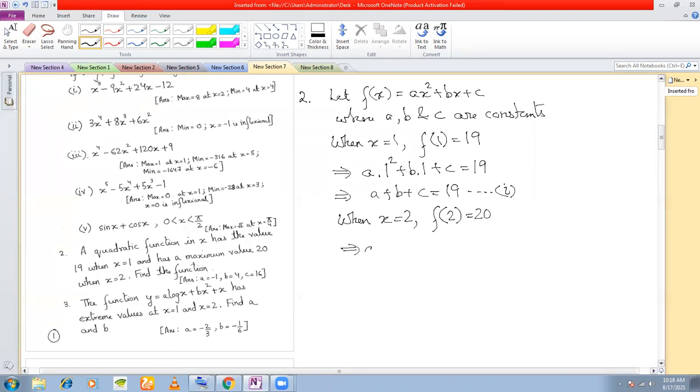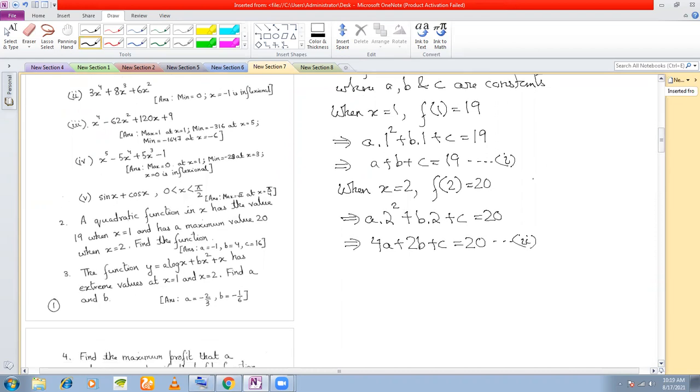So that means a into 2 square plus b into 2 plus c is equal to 20. So you get 4a plus 2b plus c is equal to 20. Okay, this is your second equation.